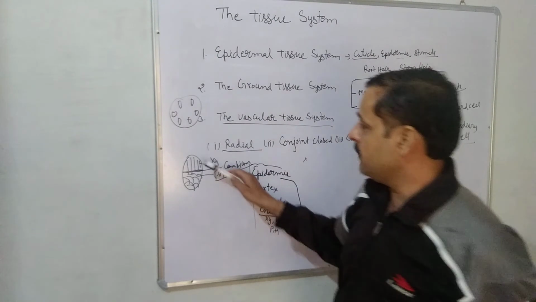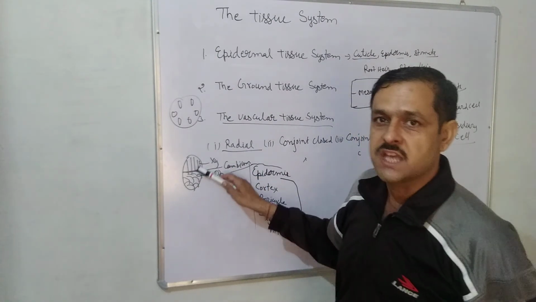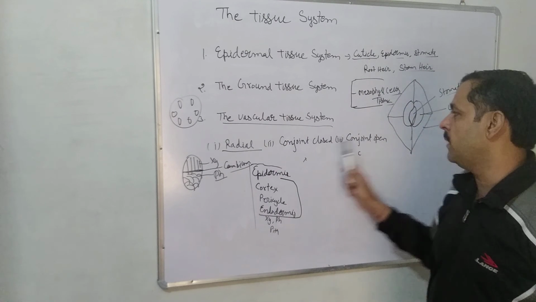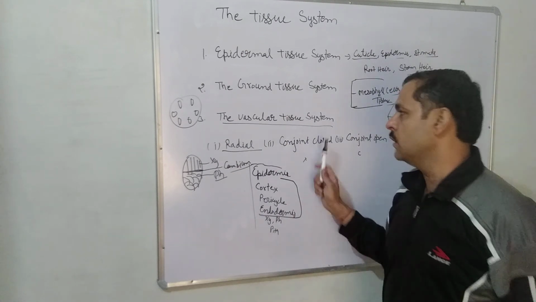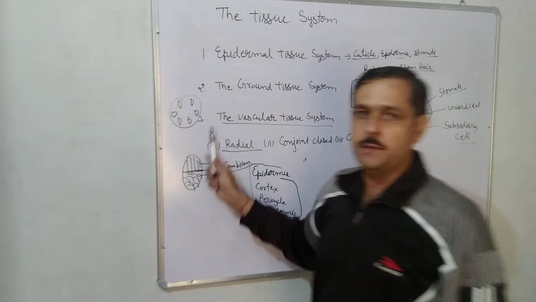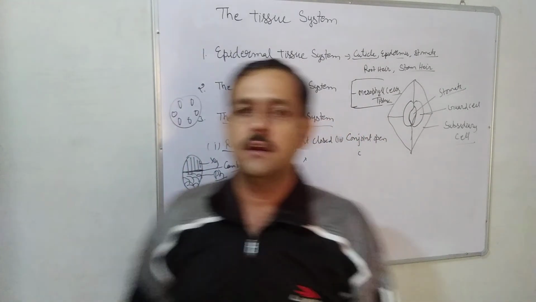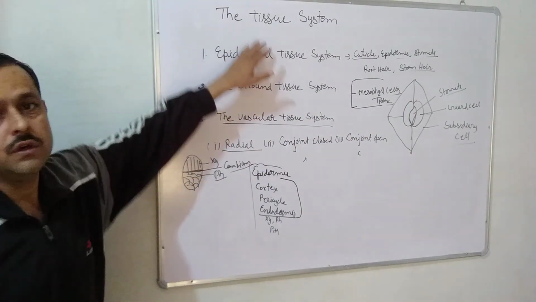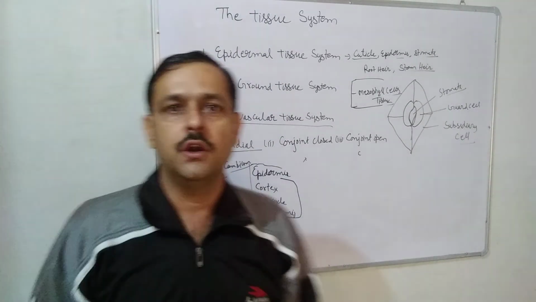And radial is when xylem and phloem are situated on different radii. So these are the tissue systems, and thank you for today's class.